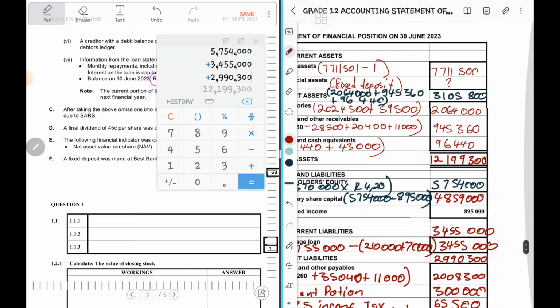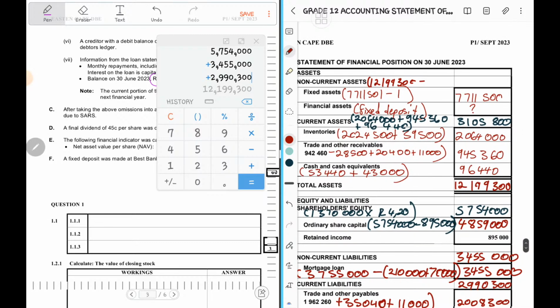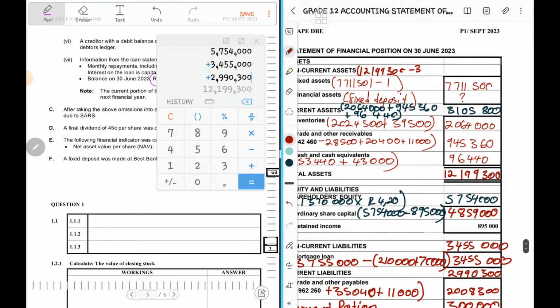So it will be 12,199,300. Then to find our financial assets, it will be 12,199,300, then we subtract the current assets of 3,105,800.